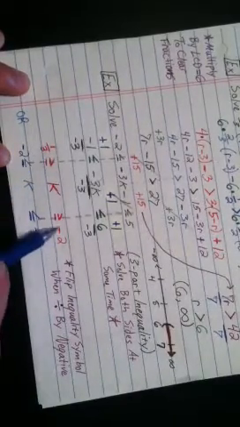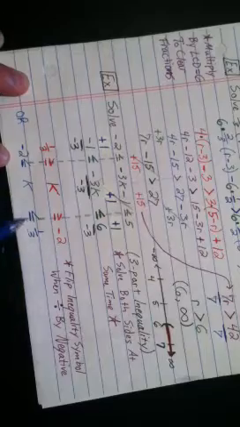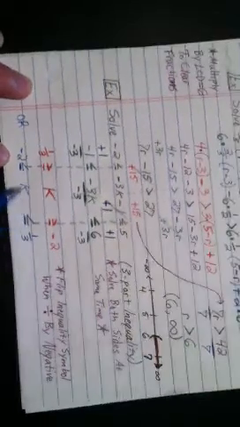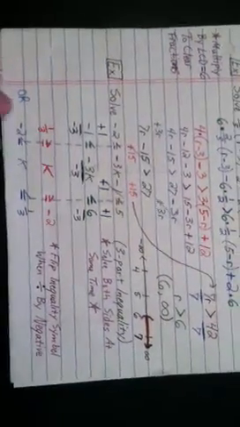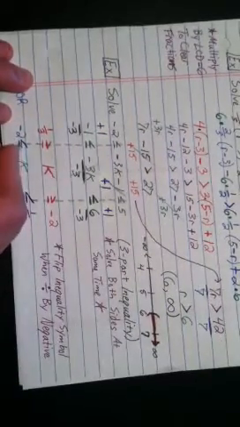See, the inequality still opens up to the 1/3 and not to the negative 2. So it still means the same as what we had before. So this is more likely how you'll see the inequality written.